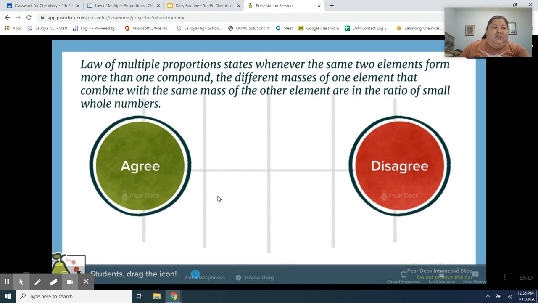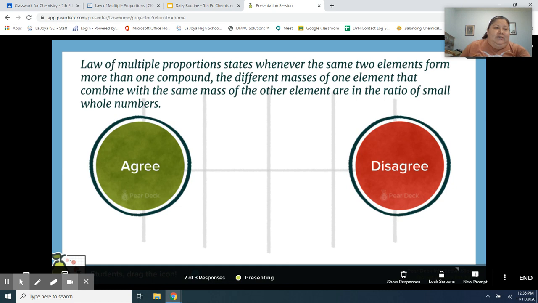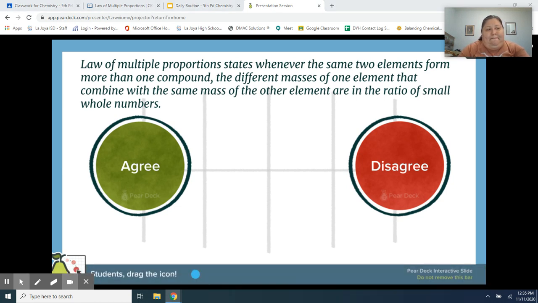Agree or disagree? Is the statement correct and you agree? Or incorrect and you disagree? Is that the correct definition for the law of multiple proportions?